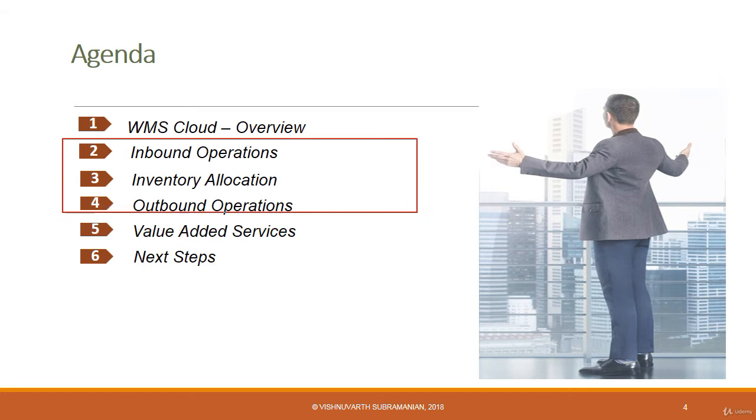I will also talk about some value-added services like how to print labels for storage and shipments and much more. In WMS, shipping documents generation and shipping labels creation based on customer requirements are very important. I'll talk in detail about those topics.